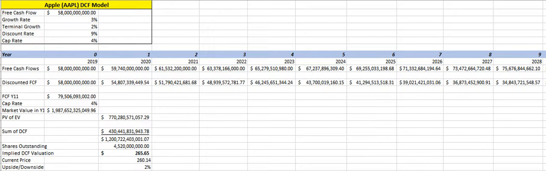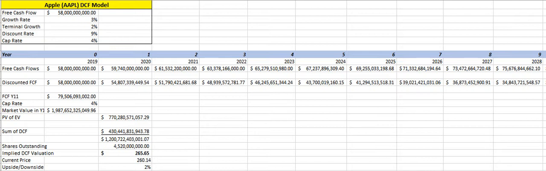So in this case, I'm assuming that the discounted value of Apple's projected total market cap is going to be 770 billion. You add that to the present value of all the discounted cash flows, which in this case is about 430 billion.